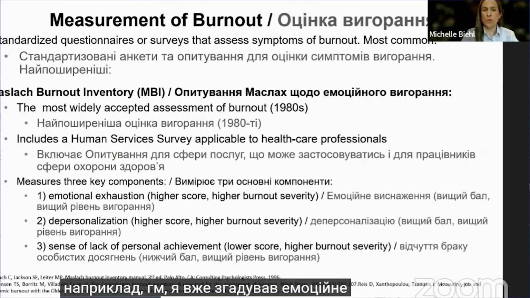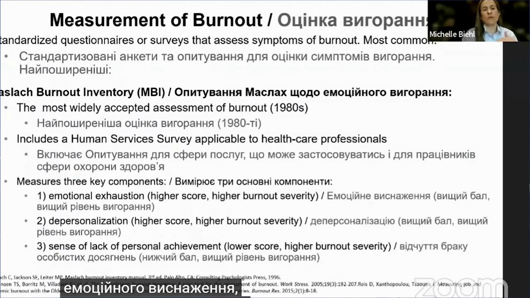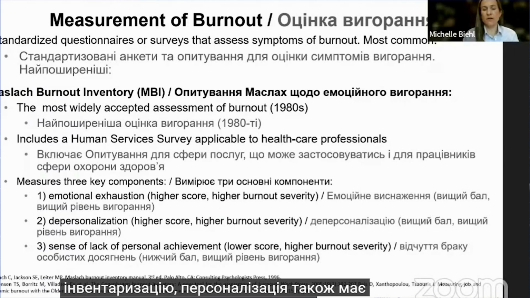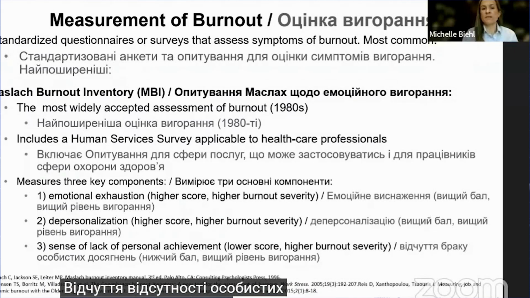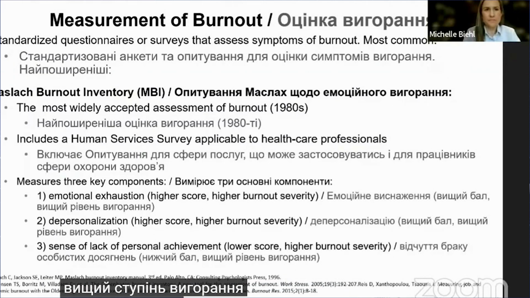Emotional exhaustion: the higher the score, the higher the burnout severity. Depersonalization: also, the higher the score, the higher the burnout severity. And sense of lack of personal achievement: the lower the score, the higher the burnout severity. Next, please.